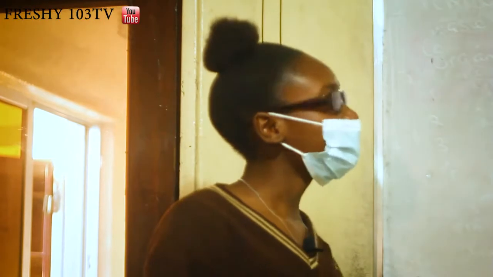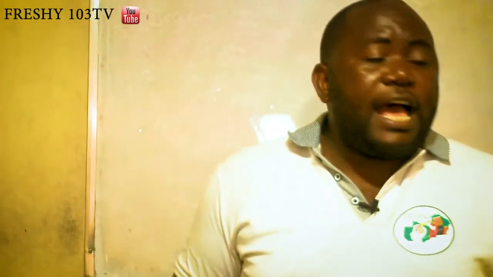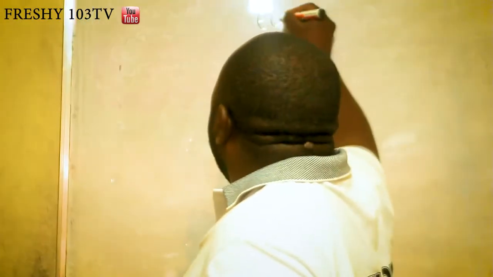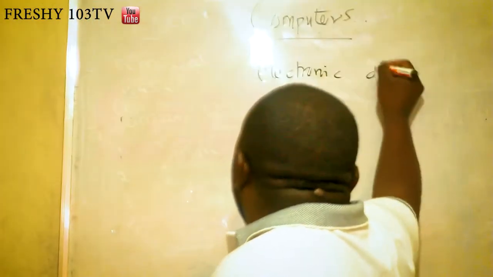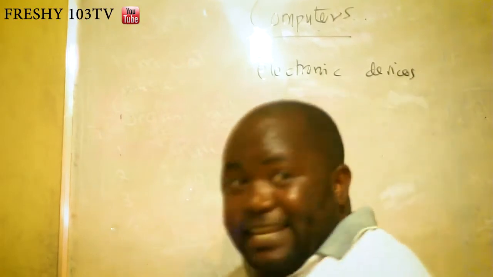Firstly, a computer is an electronic device that inputs, stores, processes, and outputs data. A computer, first of all, is an electronic device that does the following.